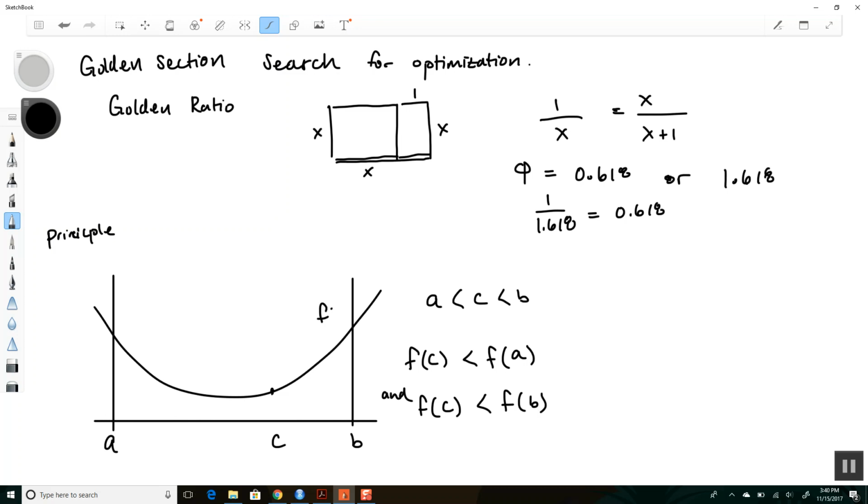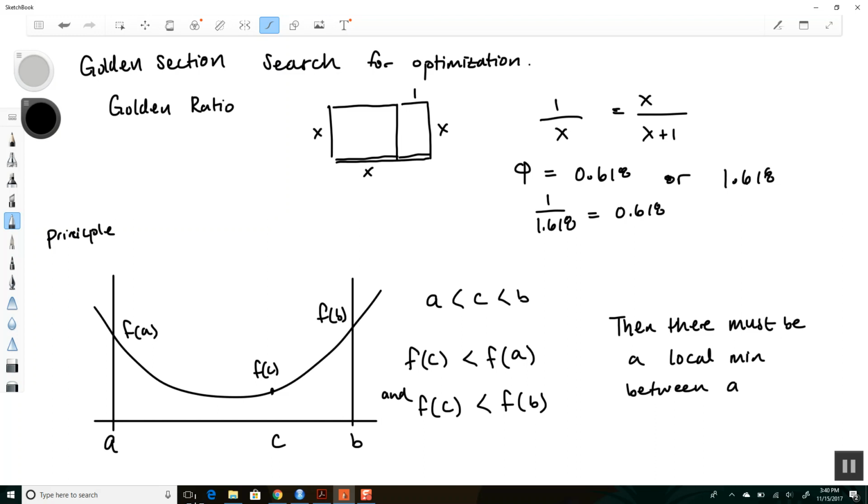So here's f of B, f of C, and f of A. Okay? And if this is the case, then there must be a local min between A and B.